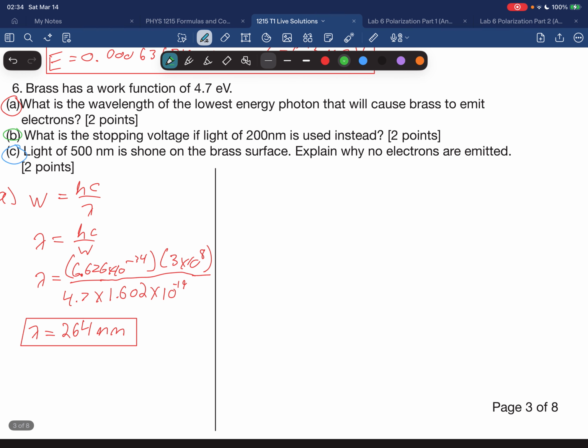Part B was the stopping voltage if light of 200 nanometers is used instead. Okay, so I'm going to use my kinetic energy formula, or you might hear me refer to it as the stopping voltage formula. Basically the same thing. So for now, we're going to solve for the kinetic energy of the highest energy electrons that will be emitted. Here we get hc over the 200 nanometers minus the 4.7 work function.